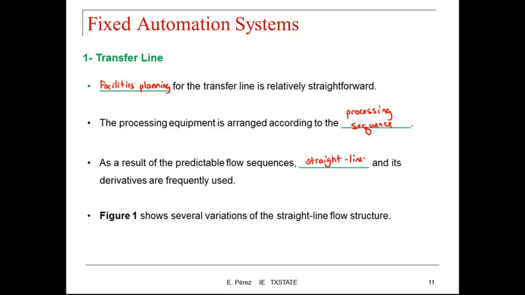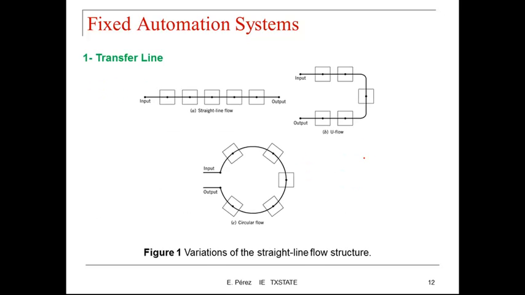So on the next slide, we're going to show you several variations of the straight line flow structure. At the top left, we have the straight line flow, which is basically a straight line with stations arranged in a sequence.